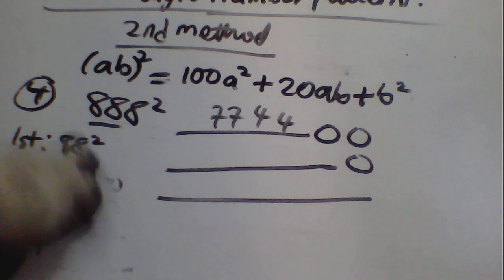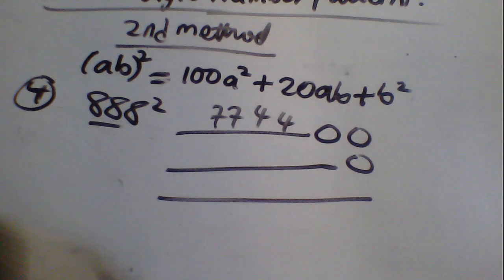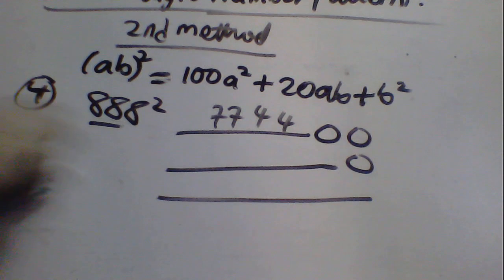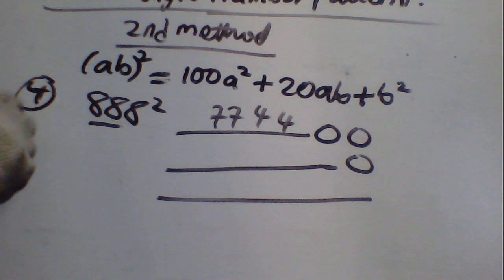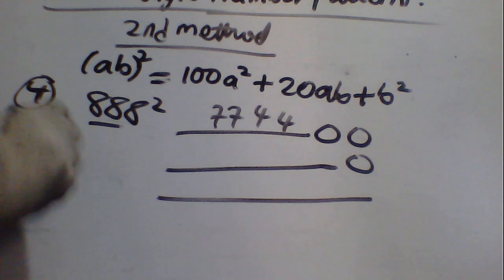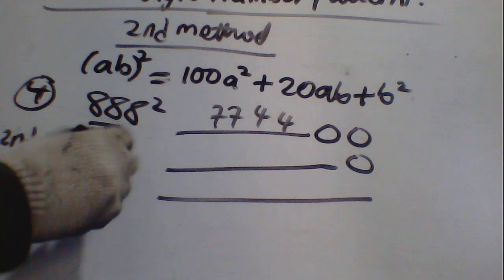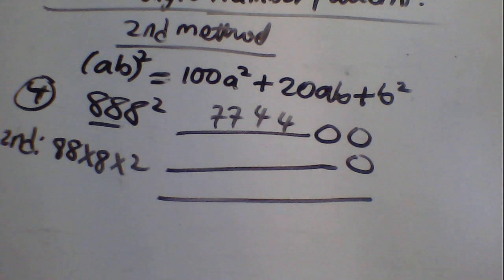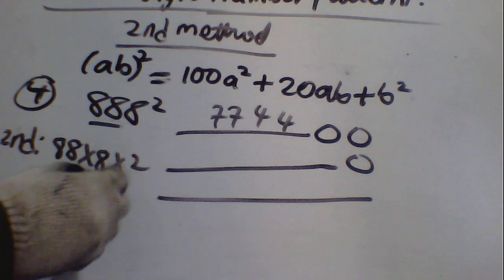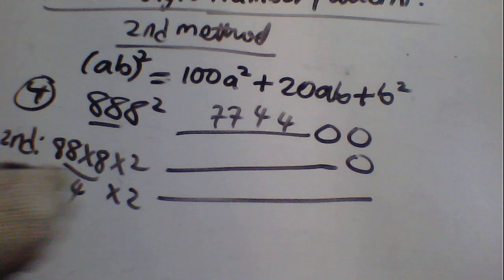So the second step is to find the product of the numbers with their power. So this will give us 88 times 8 times 2. You can multiply these two immediately. 8 times 8 will give us 64.